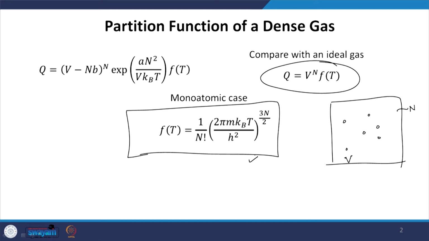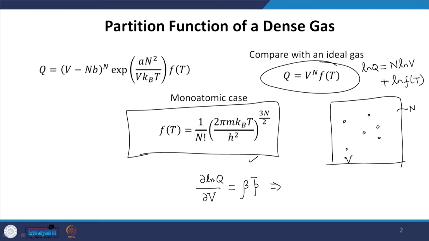If one does the derivation for an ideal gas, it turns out that the function f(T) is given by this, and using that we already have established that if I do, for example, ∂ln q/∂V, what I get is beta p bar. In this case ln q was n ln V plus ln f(T).